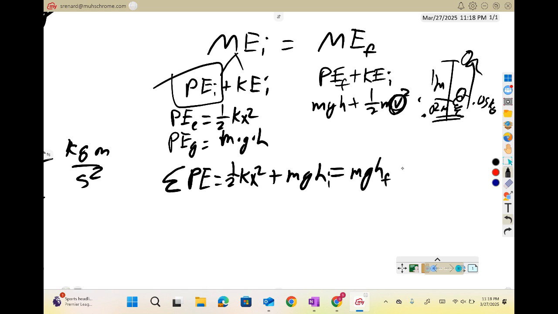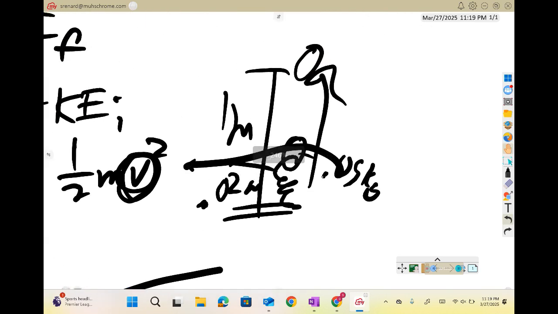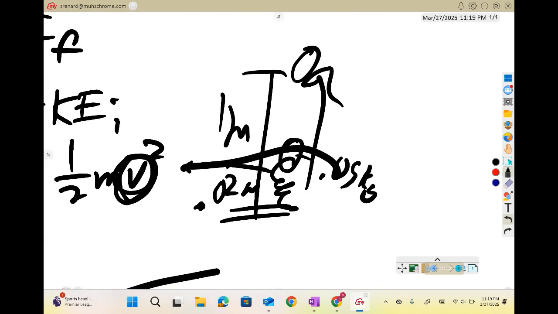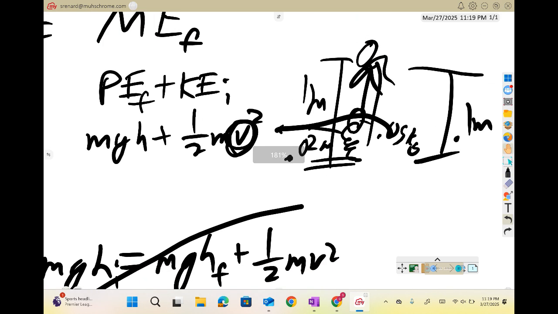Look at my pretty little drawing over here, right? Because the head of the thing moves up, we are now going to have 0.1 meters worth of potential energy with the jack-in-the-box.